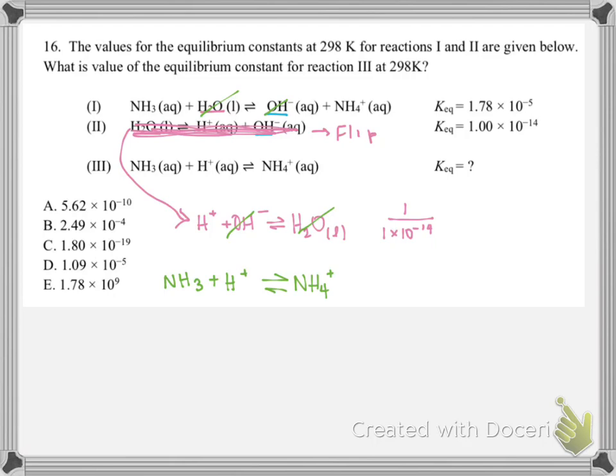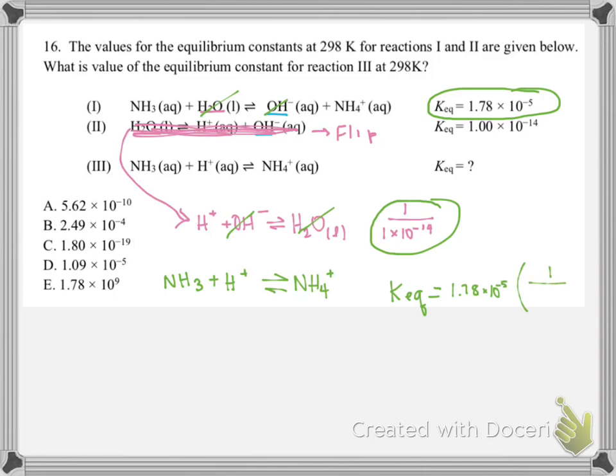Okay, so now I want to combine the Keq for that equation and the Keq for this equation to get our new Keq. And the way we combine K's is to multiply them together. So I'll have 1.78 times 10 to the minus 5 multiplied by my adjusted K. So 1 over 1 times 10 to the negative 14.